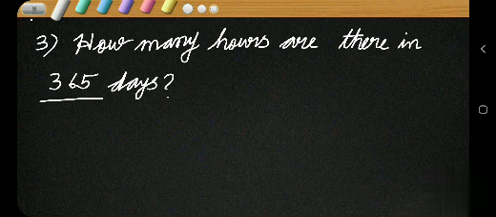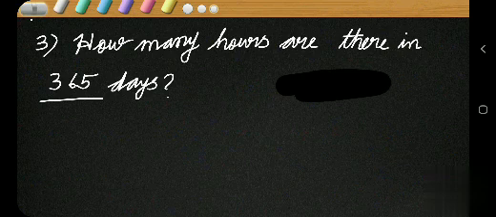That is the exact value. But still, approximately, generally we used to say 365 days is equal to 1 dash. What is it? Yes, 365 days is equal to 1 year. So here we have been asked to find out the number of hours in 1 year.